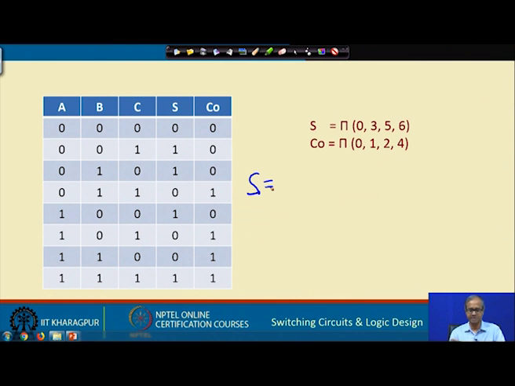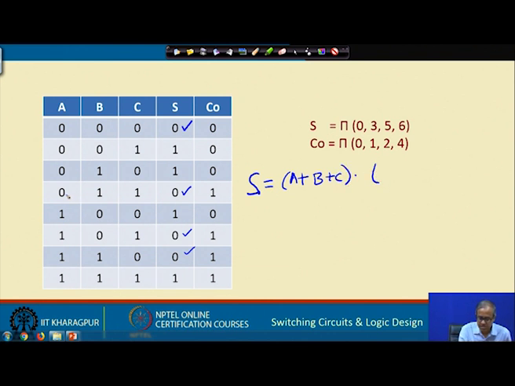So, what I do here is that I look at the false minterms, and we see it is 0 0 0. If it is 0, I use it in uncomplemented form. So, here it will be a plus b plus c.